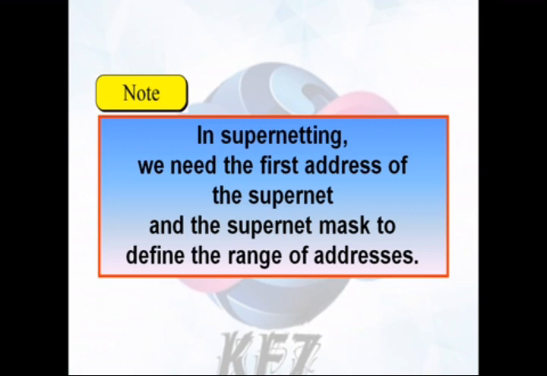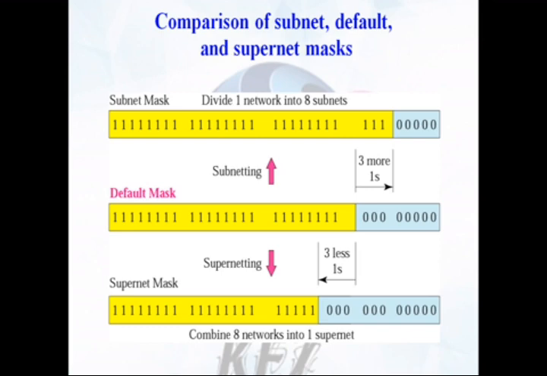One thing you have to be clear about is that supernetting is very important when you are designing the subnet masks, default masks and supernet masks. In case of subnet you will get this, but in case of supernet, you combine 8 networks into one supernet. So it will give better divisions.